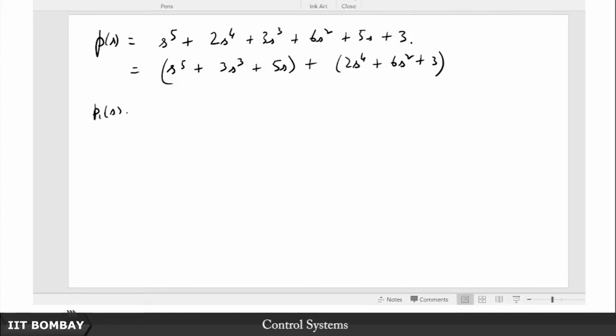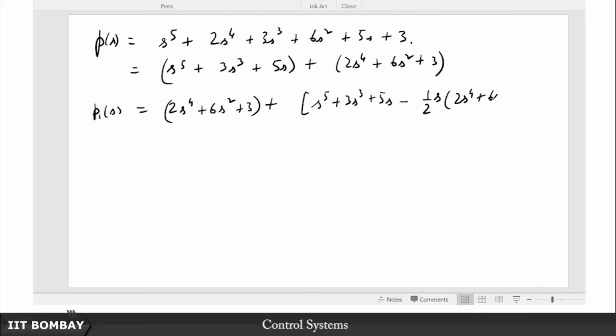Then in the next step, when we want to reduce this by 1 degree, we keep the even part intact, because the odd part contains the highest degree term, plus now we have s to the 5 plus 3s cubed plus 5s minus, we will need to multiply this by half s, 2s to the 4 plus 6s squared plus 3.